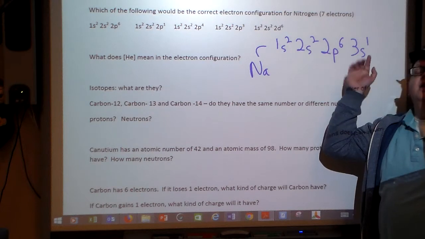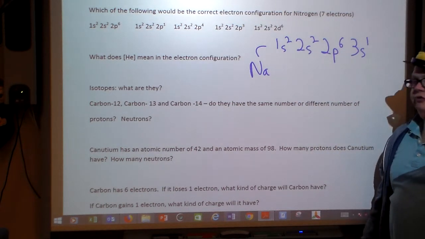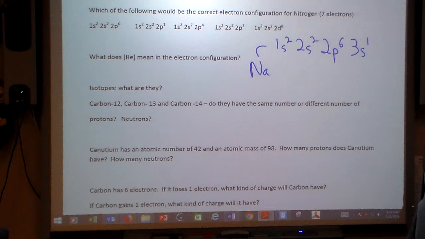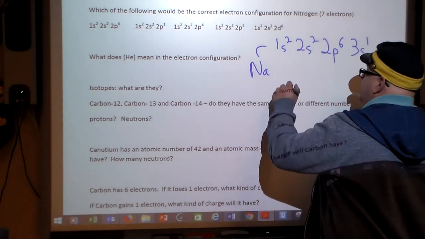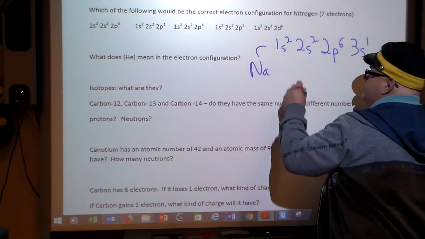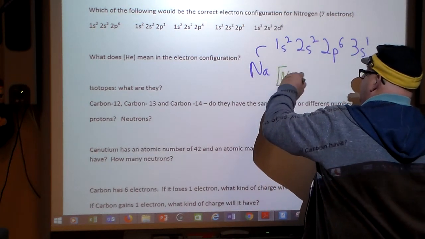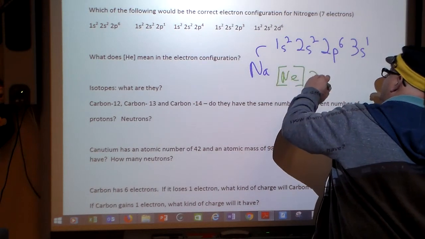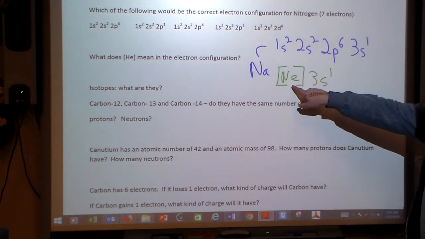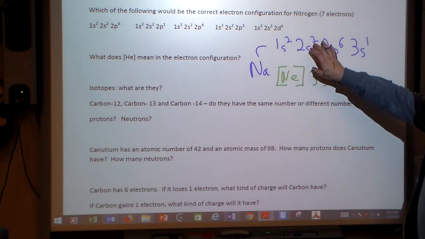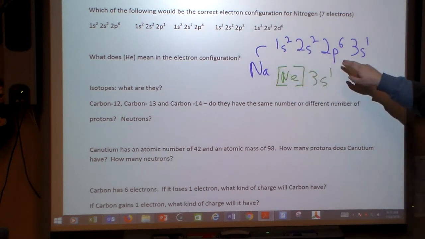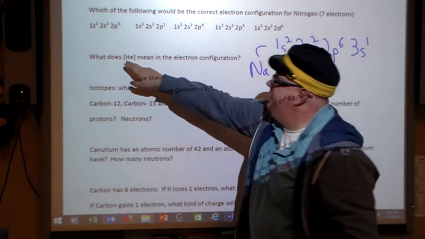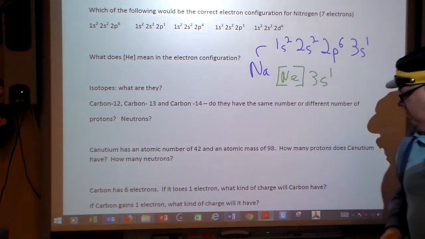This is the electron configuration for sodium. With the abbreviation, 10 of those match neon. This is the shorthand, and it saves you a bunch of work. So that everybody knows it's got the same thing as neon, and I don't have to write all this out. So that's why the bracket with the noble gas is there.